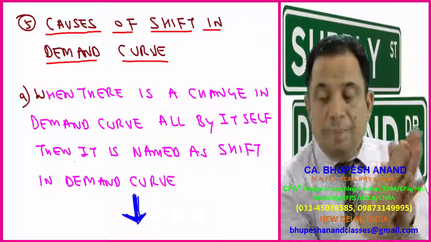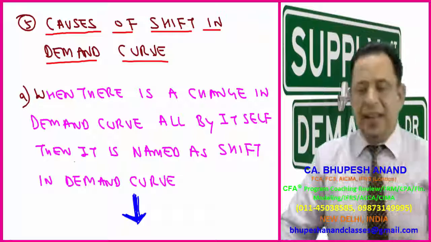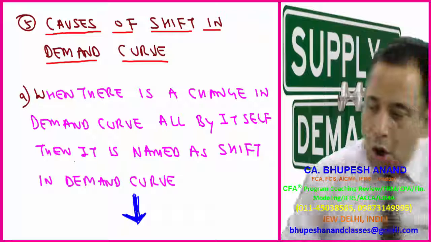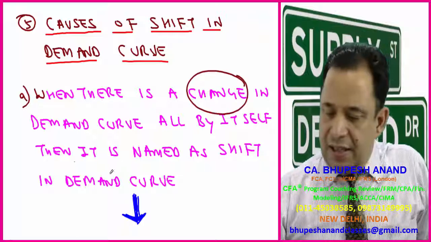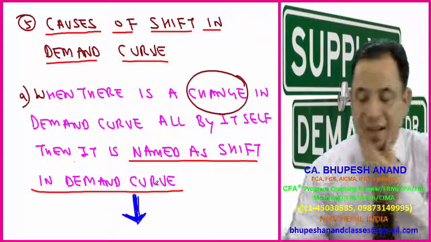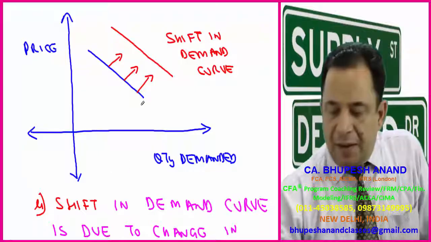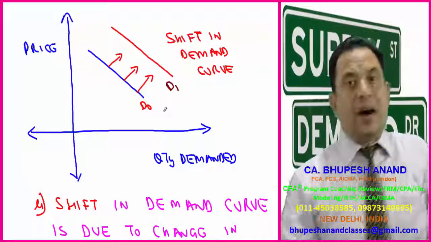So firstly write down causes of shift. This is shift in demand. When there is a change in the demand curve all by itself, it is named as shift in the demand curve. For example, let this be the original demand curve and let this be the new demand curve.